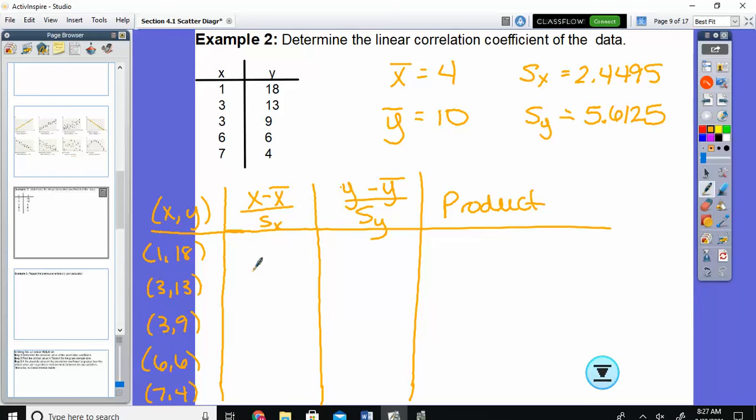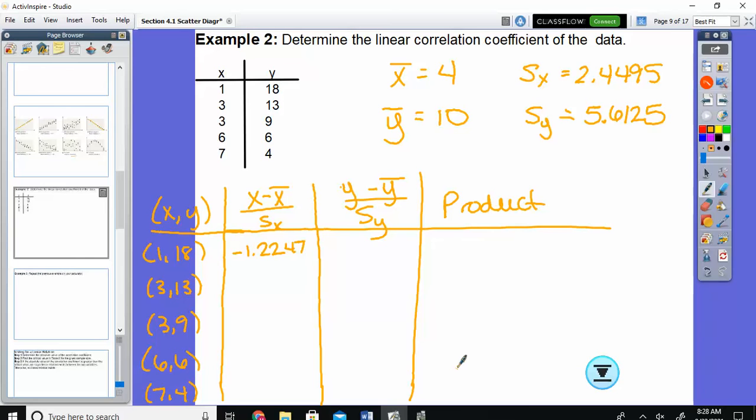So, I'm going to do this on my calculator. I'm going to parentheses, my first x value is 1, minus the mean of x is 4, divided by standard deviation of x is 2.4495. Do you guys know that if you just hit second enter, it'll bring back up what you just typed in?